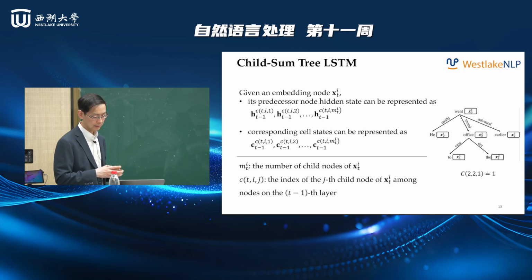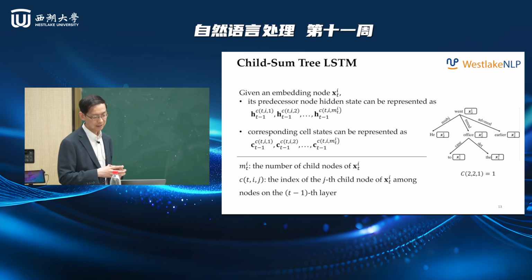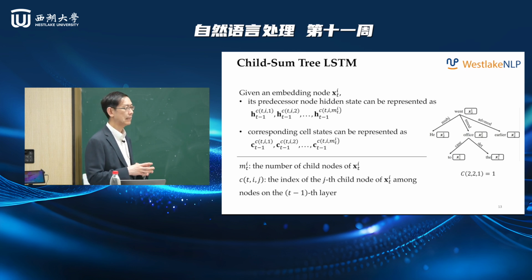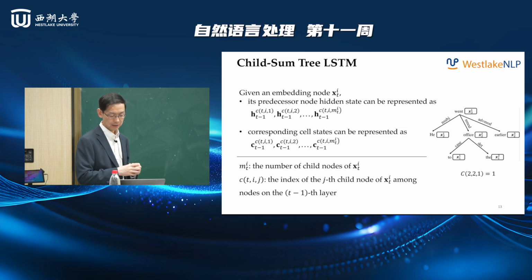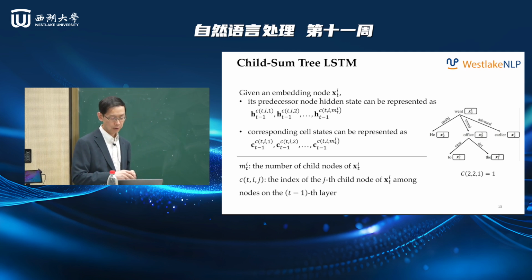And then what is this? C_t^{i1}, C_t^{i2}, up to C_t^{i M_t^i}. So this is just the index of the child nodes. I use C_t^{i1} to represent the index of the first subnode of node (t, i). For example, if you take x31, t is 3, i is 1, right? So this C_3^{11} is what? It's 1.